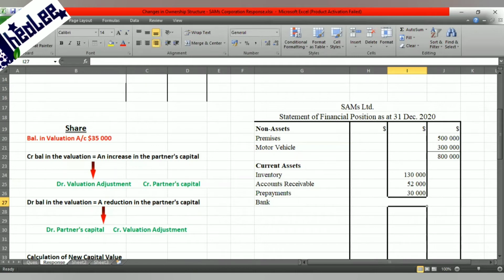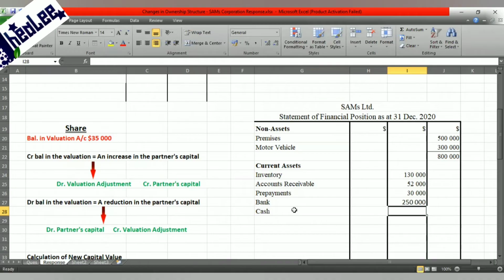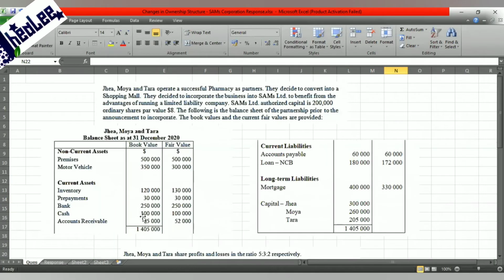You have converted the business based on the assessment. Some items changed, some didn't. Remember, you're using the fair value. Bank is 250,000, and our cash is 100,000. So let's go back to the question and double check if we pick up the right values.